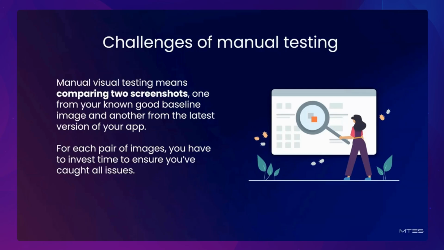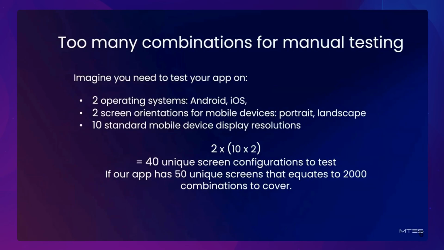With manual testing, each action has to be done individually on each screen configuration, which again has to be scaled across all the combinations that you need to support. And with that, there are too many combinations for manual testing to be a valid approach.